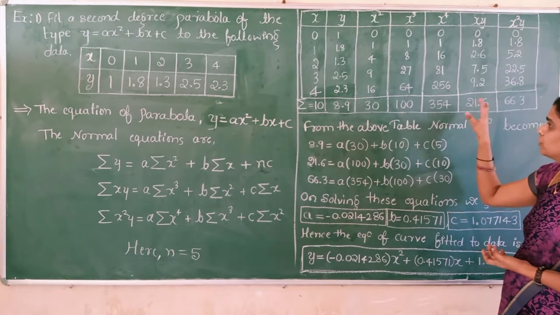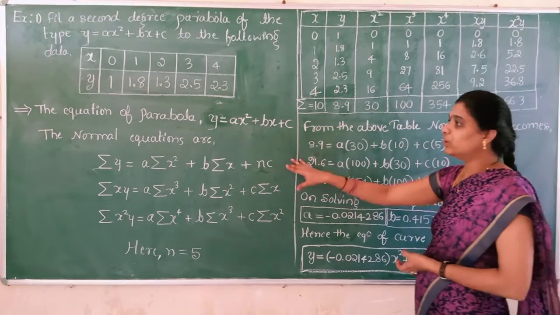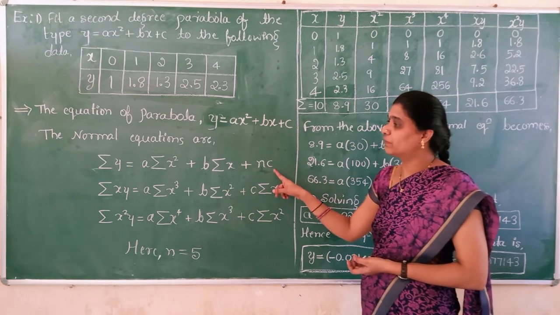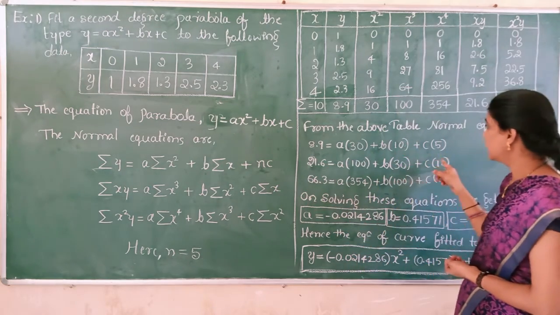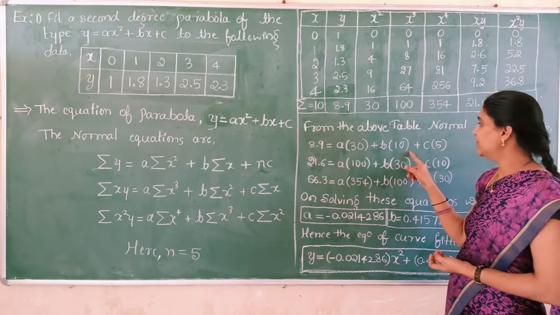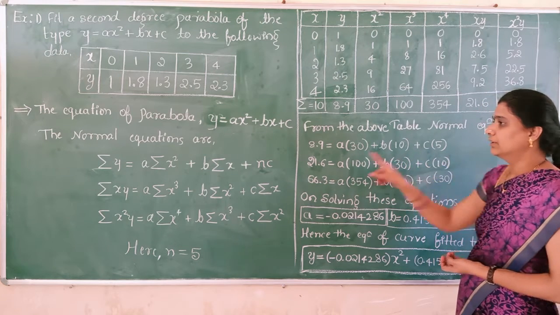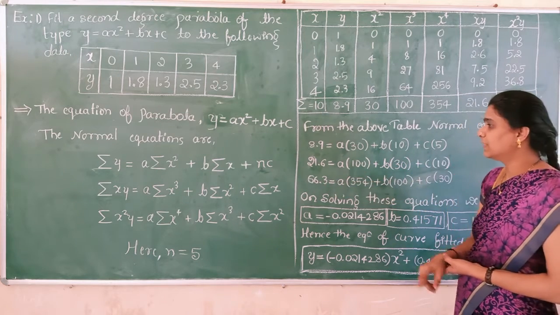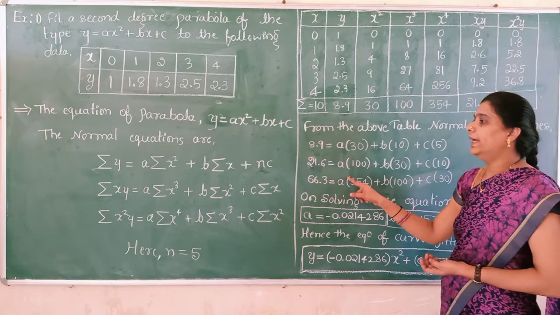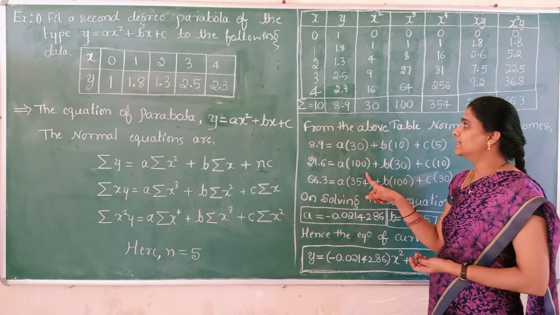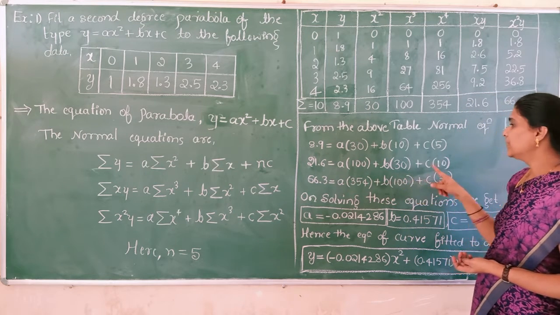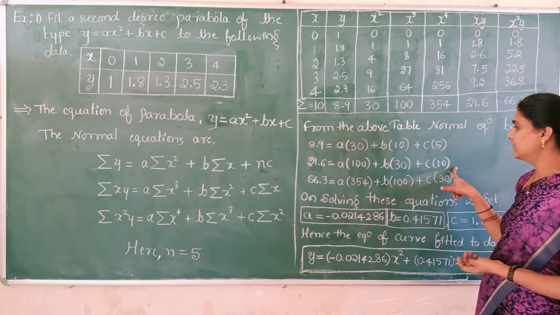Now we shall substitute these values into the given normal form of the equations. We get the first equation: 8.9 is equal to a into 30 plus b into 10 plus c into 5. For the second equation, substitute the value of sum of xy, that is 21.6; a as it is, sum of x cube is 100; b as it is, sum of x square is 30; c as it is, sum of x is 10.